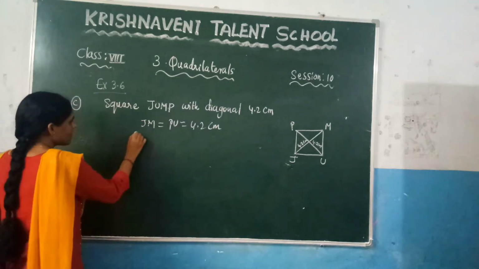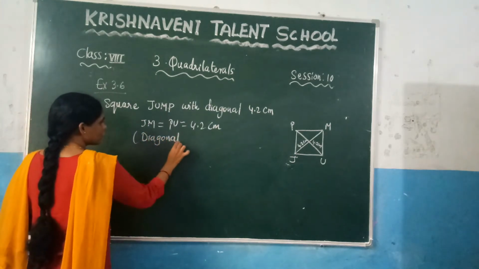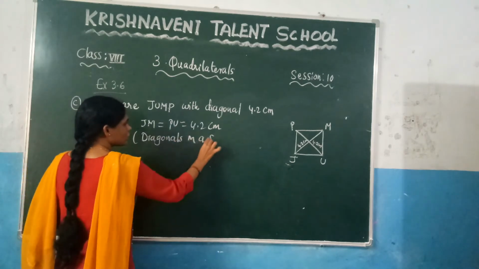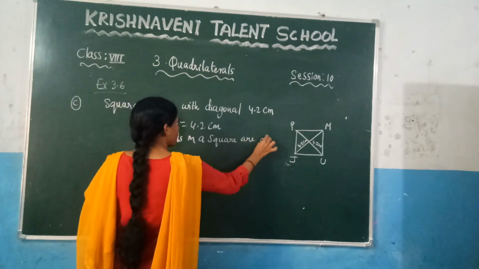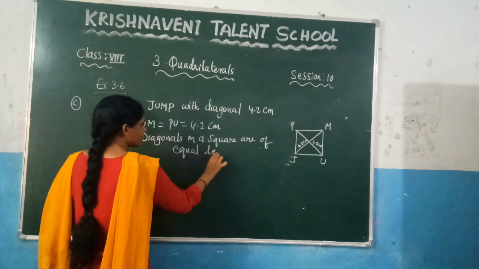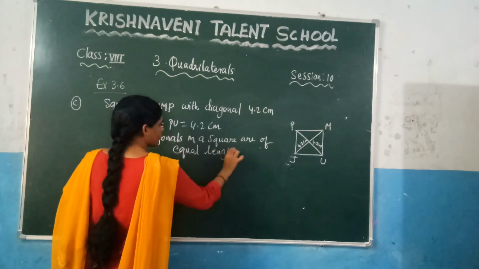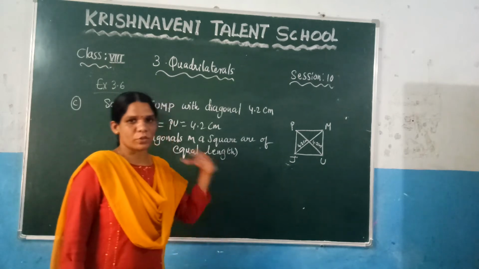Why? Because the diagonals in a square are of equal length.